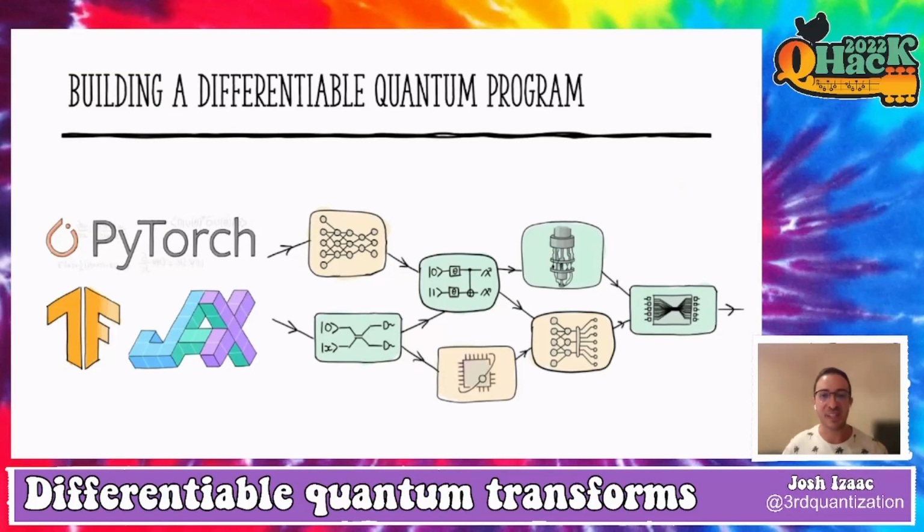If you have a look at this graph here, we have a superconducting qubit quantum function, a quantum photonic chip quantum function, and amongst that we have various classical functions, neural nets and GPUs. So we can build arbitrary models as we want. The really nice thing about this process is we can arbitrarily mix quantum functions and classical functions, and we can make the entire thing differentiable and trainable.